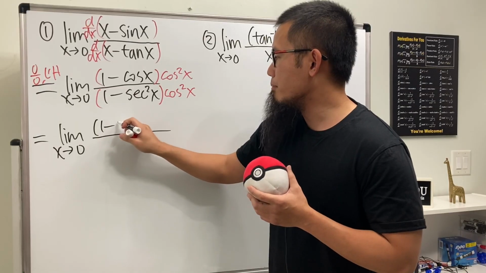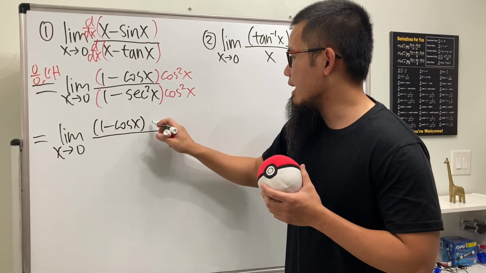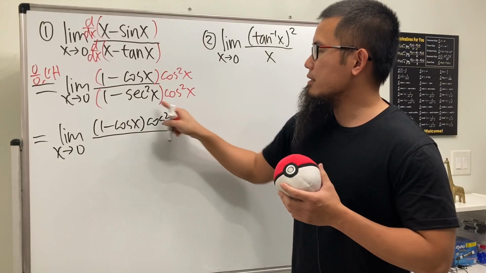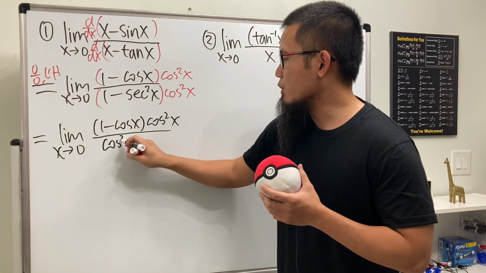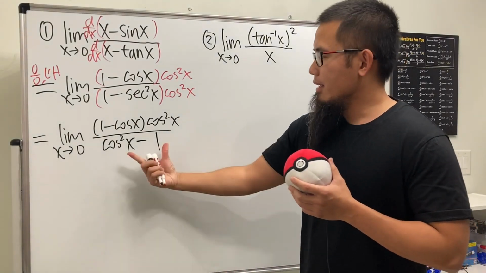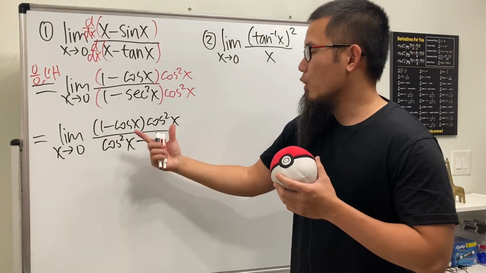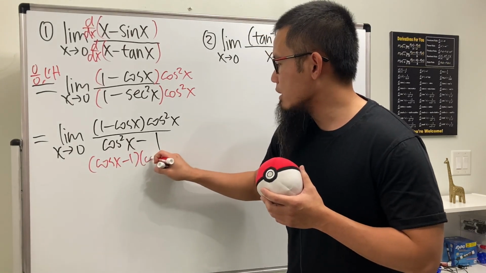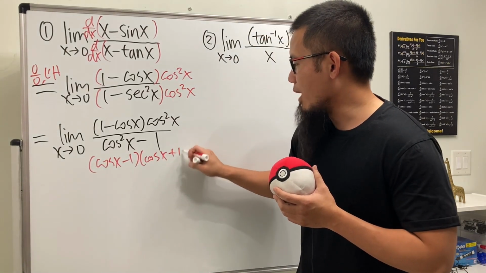This is still 1 minus cosine x and then times cosine square. But when we do that, this times this is cosine square x, and then this times that is just minus 1. Can we factor this? Yes. When we do that, we get cosine x minus 1 times cosine x plus 1.